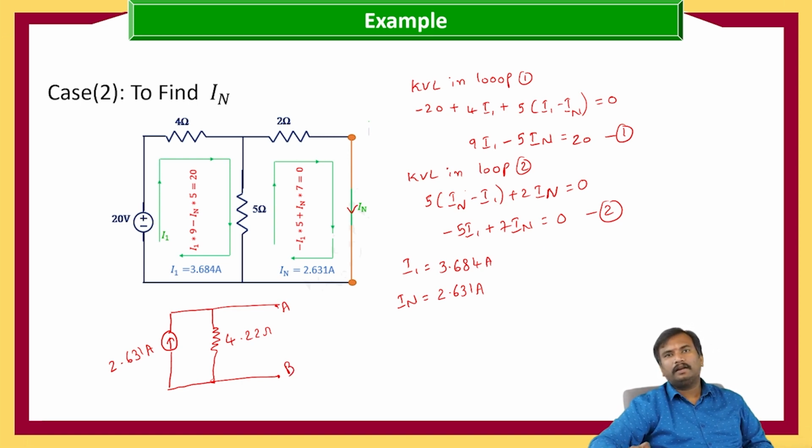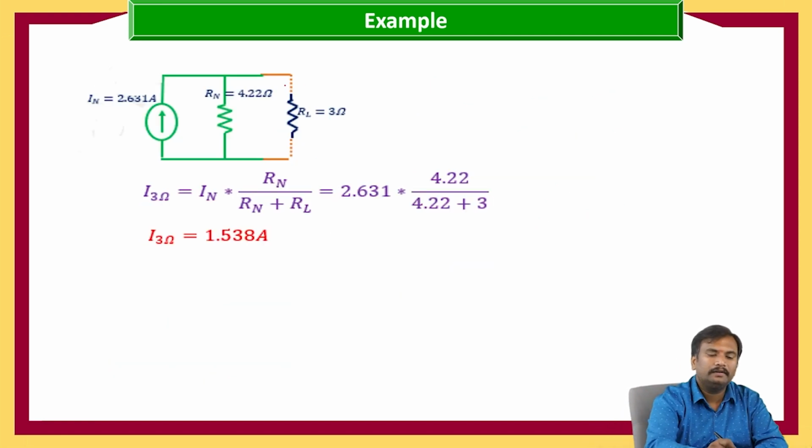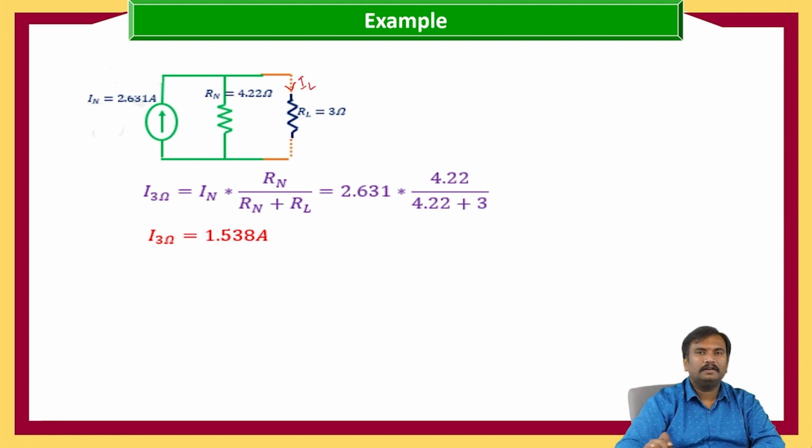Now we need to calculate the current flowing through the 3 ohm resistance. For that, we are going to add the 3 ohm resistance to this Norton's equivalent in order to calculate the load current, where I_3ohm is equal to I_N into the opposite resistance, R_N by R_N plus R_L.